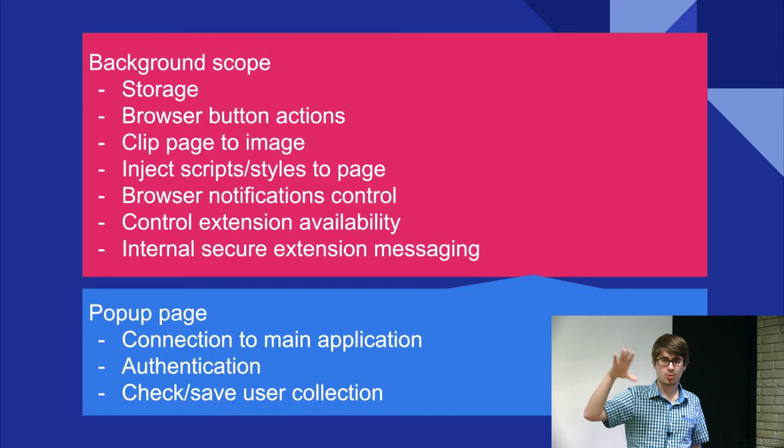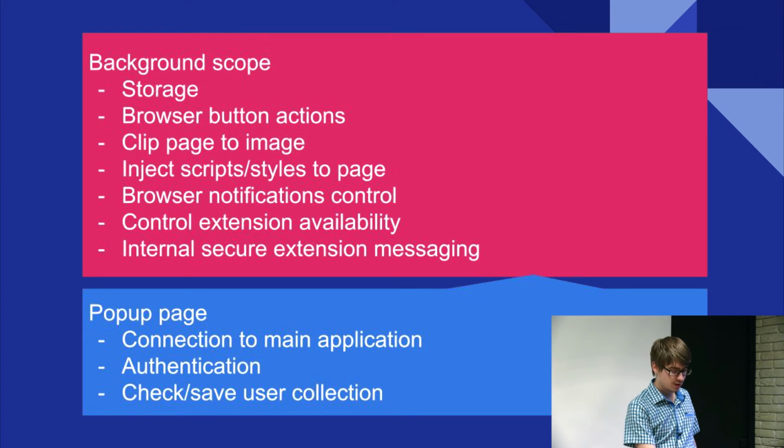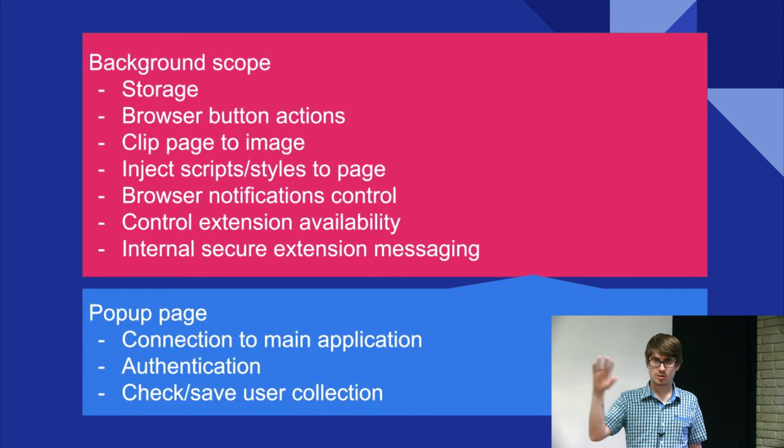It pops up and you can provide a template inside it and make some magic, like connect to the main application and authenticate. It's an hour extension, for example, and check if the user has a collection, then send a message to the background to change the transition of this button.